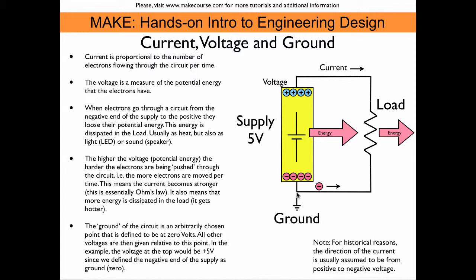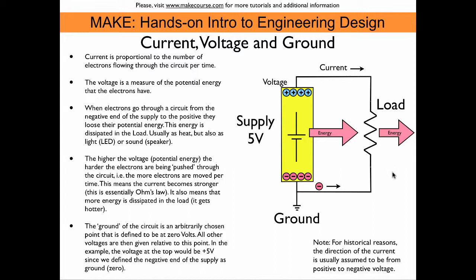In this simple circuit, we would have 0 volts here, and since we assume a 5 volt power supply, up here we would have plus 5 volts. Had we put the ground up here, then up here it would be 0, and down here we would have minus 5 volts, because that is the negative end of this power supply.